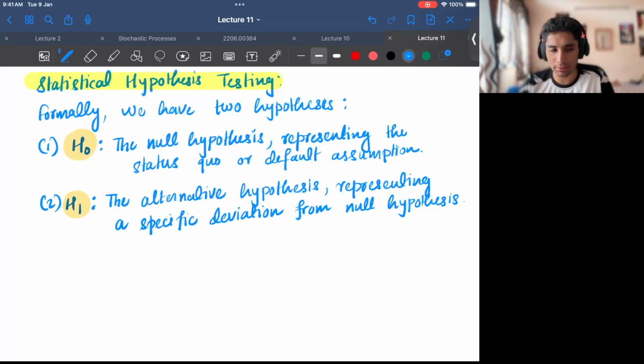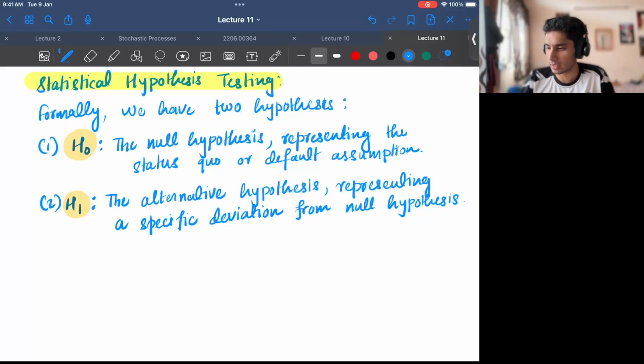Well, it's simply because the null hypothesis has some weight to it, in the sense that it has happened in the past, or it's the default assumption basically. And if you want to reject the default assumption, you have to have some concrete proof for it. So that is why in hypothesis testing problems, you will always find that things are revolving around the null hypothesis.